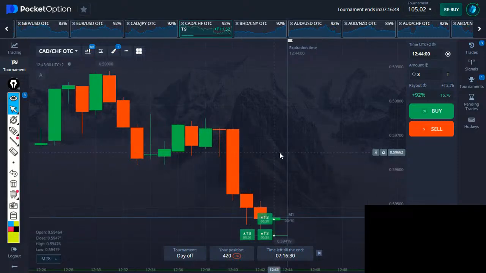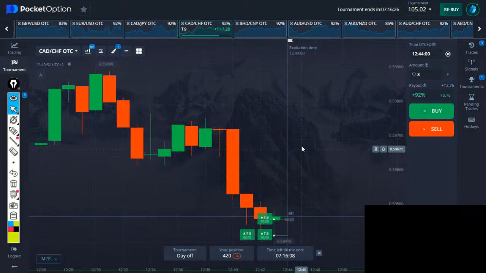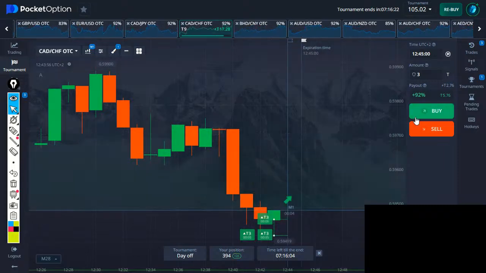Beautiful rejection from the buyers. Nice push, nice push. I think we might see a reversal happening.